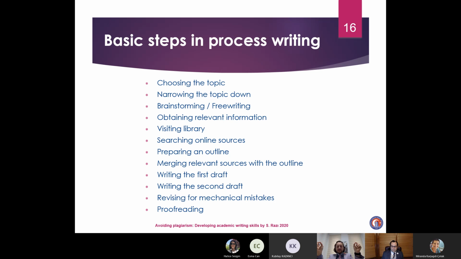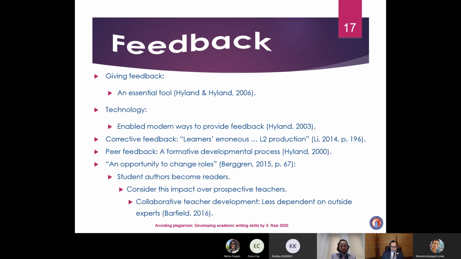As the name suggests, we follow a process here, which is unique for the writing task. It means that we are paying attention to the process rather than the product itself. This is the basic discrimination. And to my understanding, what makes process writing mainly different from product writing is the opportunity of feedback.